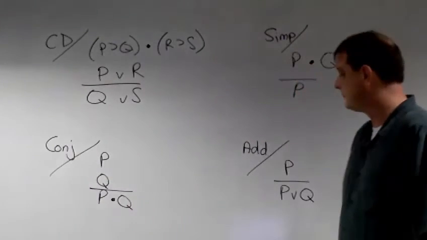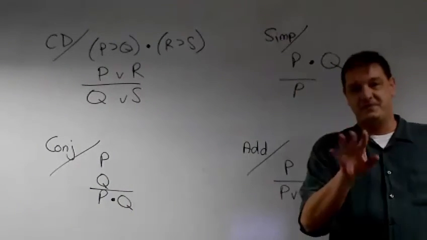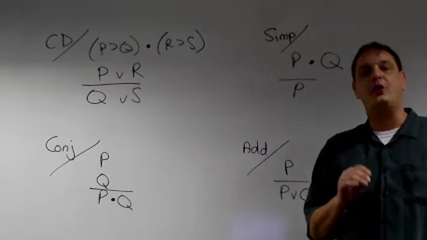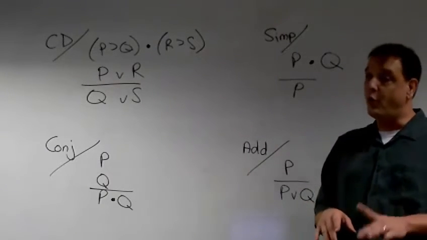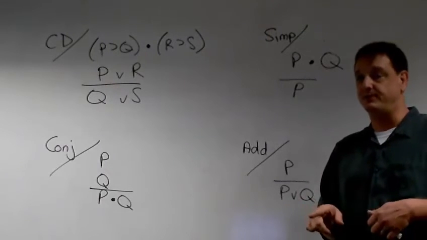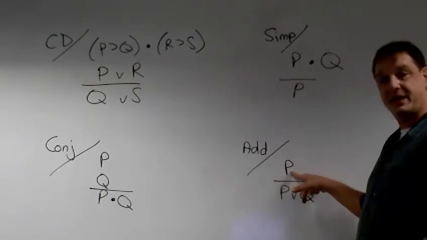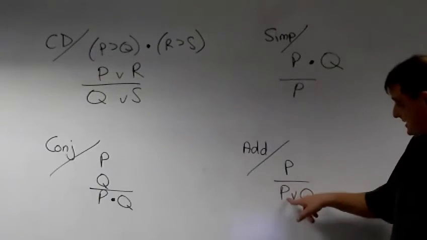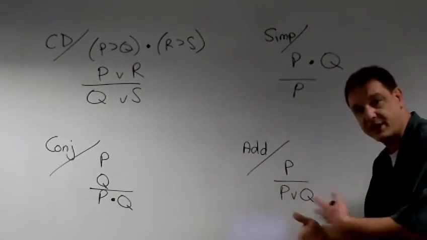That's all. Addition. This is the one that's going to kill you. Remember that for an or statement, only one of the two disjuncts has to be true. So if you know that P is true, then you can say P or Q. As long as this is going to be true, right? Think of your truth tables again.